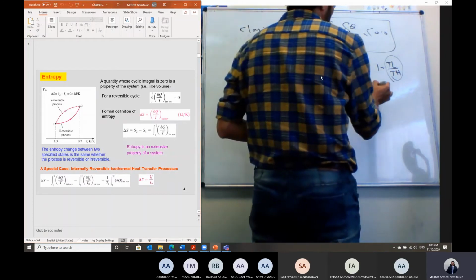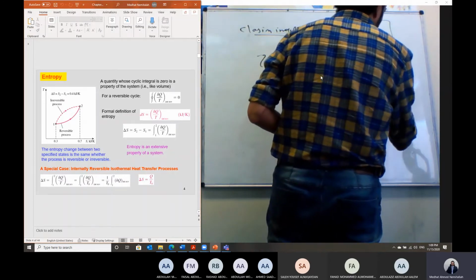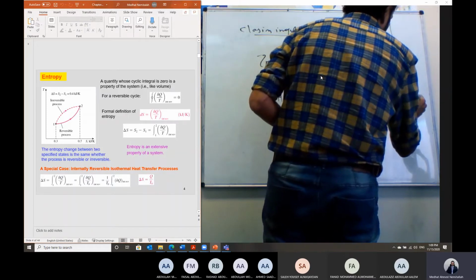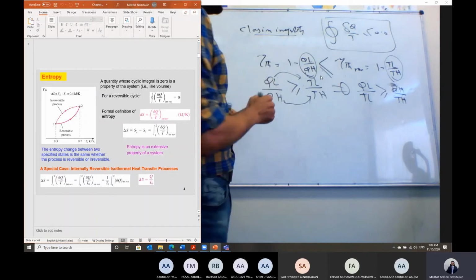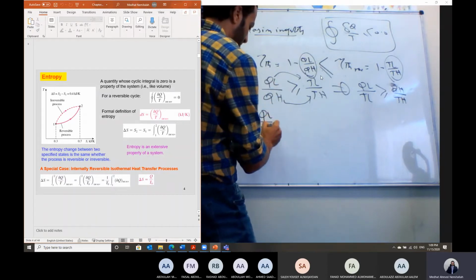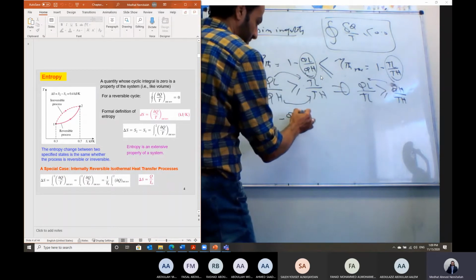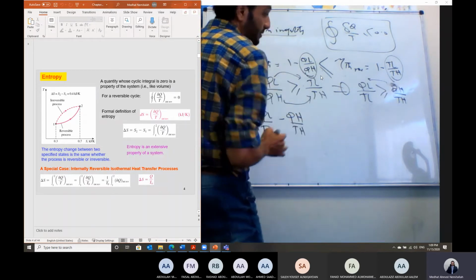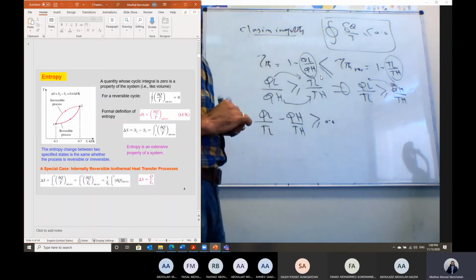Or we can say Q low divided by T low, let's take this term to the other side, it will be a negative sign, so minus Q high divided by T high, should be greater than or equal to 0.